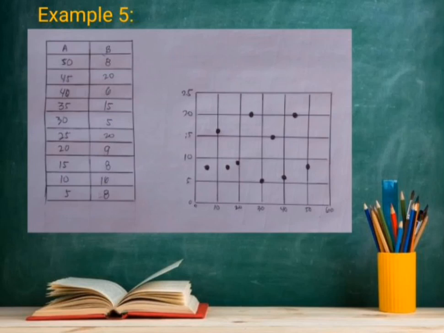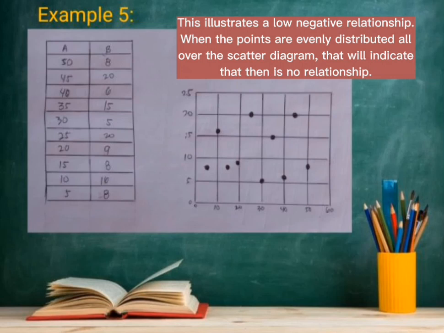Therefore, kapag ito ang makukuha mong scatter plot, scattered talaga ang dots natin. This illustrates a low negative relationship, with the points evenly distributed all over the scatter diagram, which will indicate that there is no relationship.